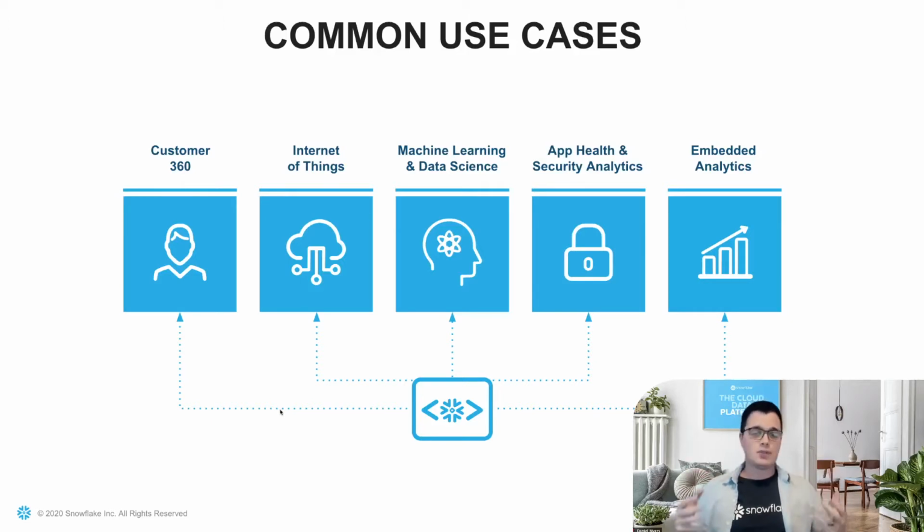Where you have sensors everywhere and we're streaming those events into Snowflake and we're able to analyze those events and do some type of action based on those events. Machine learning and data science, right? App health and security analytics. App health is an interesting one. So that's everything from the security that's going on behind the network of your application to different streaming events of clicks, for example, on a website or your mobile app.